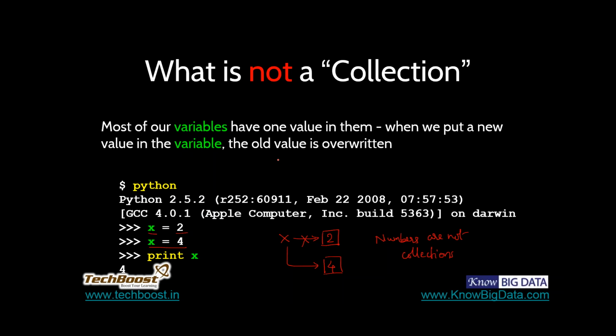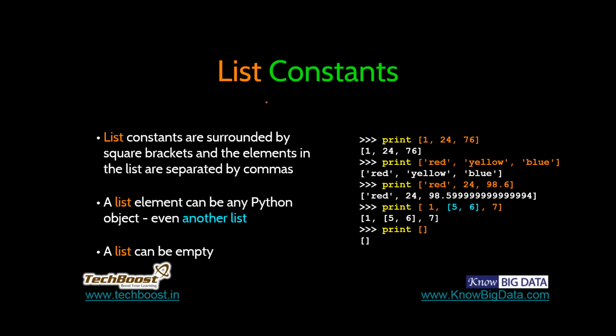Then the difference is we need to be aware of, so that at times when we are required to write a program, which data type should we use? Should we use a string? Should we use a list? So we need to be aware of the differences when deciding a data type.